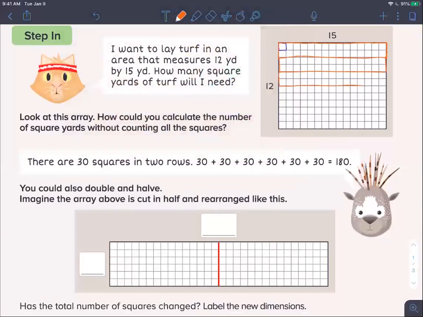Here's another 30. Okay? So you're going to pretend that what they're doing is they're going to group 2 rows together like this. Okay? And if it was a piece of graph paper, you're going to cut those strips out. And you can rearrange them, and it's not going to change the total area.